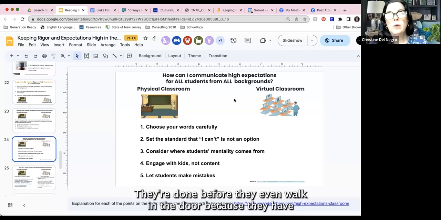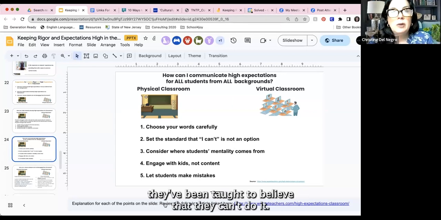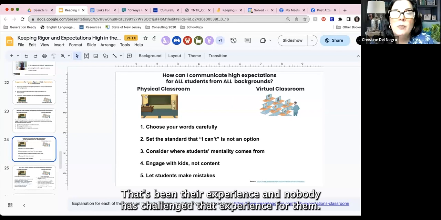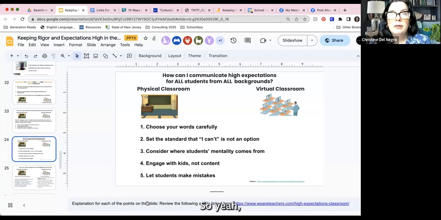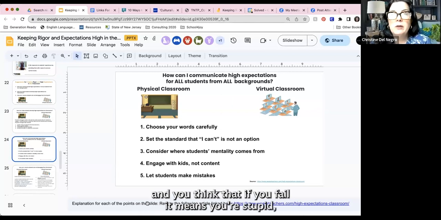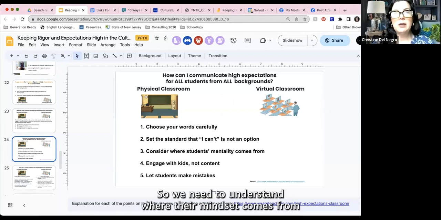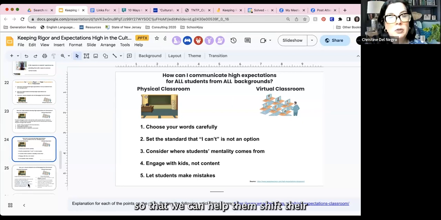They're done before they even walk in the door because they've been taught to believe that they can't do it. That's been their experience, and nobody has challenged that experience for them. So why would you do something when you think you're going to fail and you think that if you fail, it means you're stupid? You wouldn't. So we need to understand where their mindset comes from so that we can help them shift it.